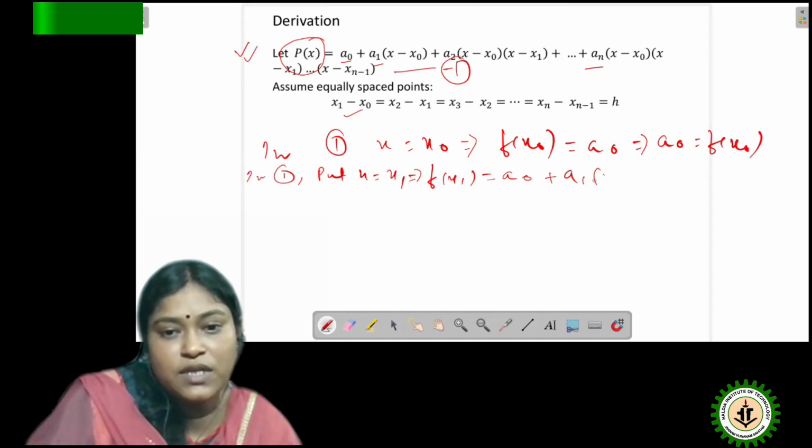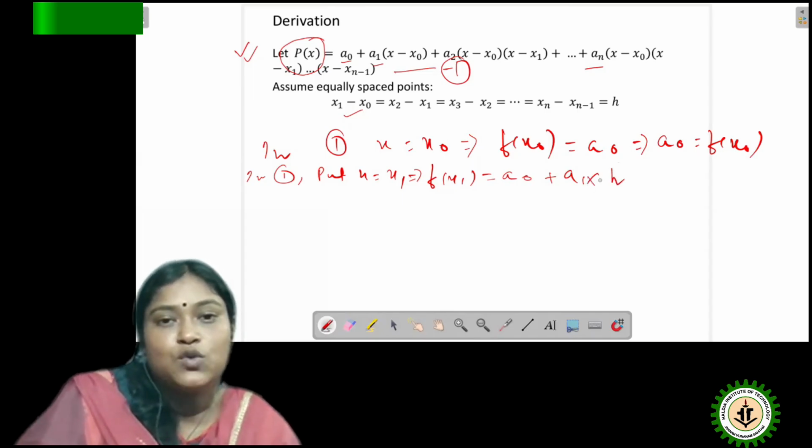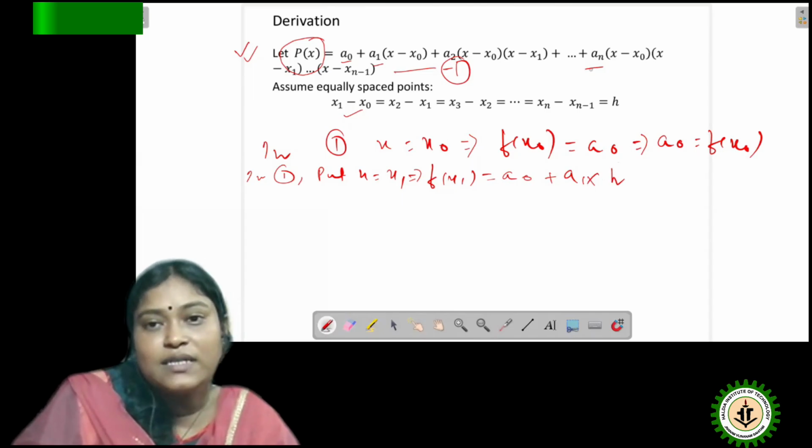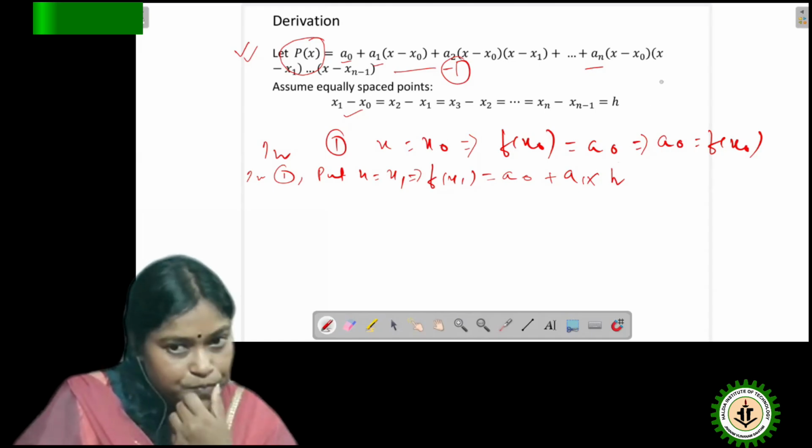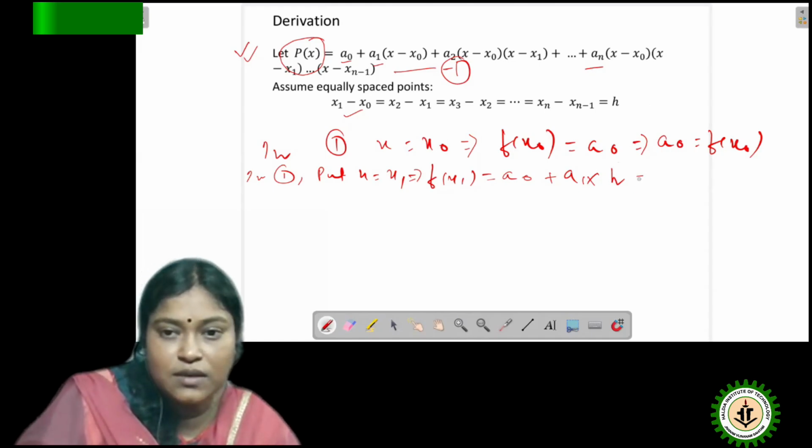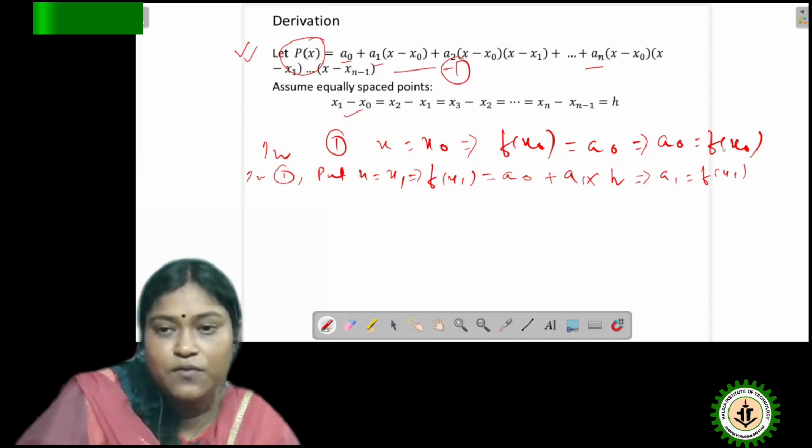So I can put it as a1 into h, and all other terms will become 0. So from this, what is a1?